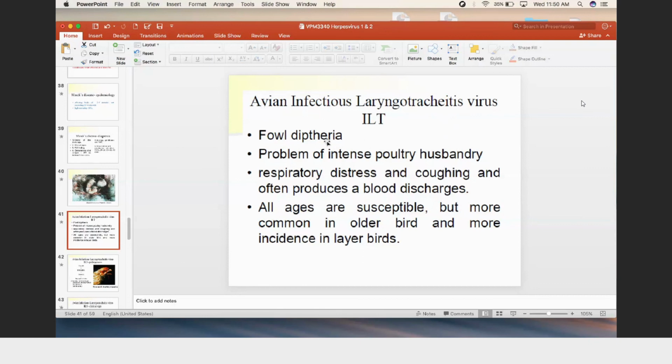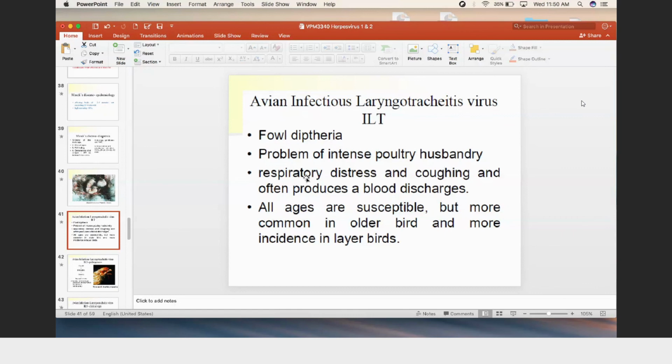They cause problems in the respiratory system, and the lesion they produce in the trachea causes narrowing of the airways, and the chicken will have difficulty in breathing.